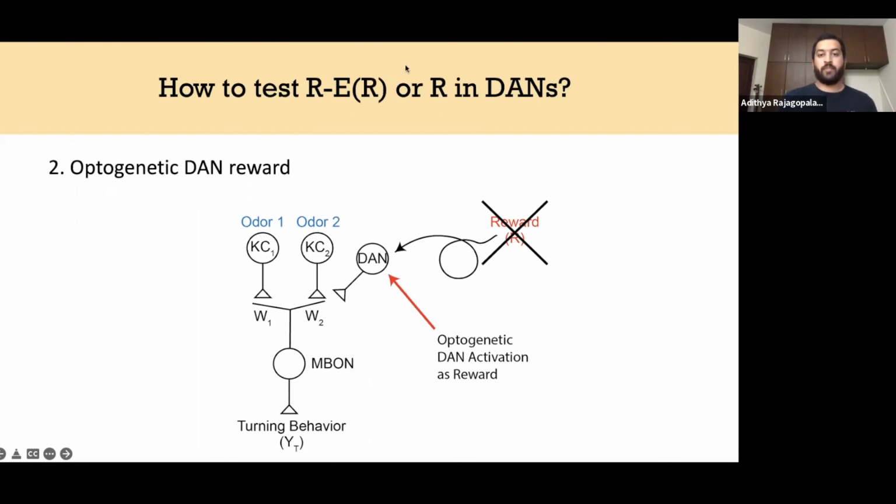And so basically mimicking an R rule rather than an R minus ER rule. And so there are different expectations for what the output behavior should be in these cases. So if you look for matching, for example, you would see a significant amount of undermatching if we activated the dopamine neurons. This is an experiment that people are running in lab while I am here. So hopefully, once I get back, I will know what's happening.